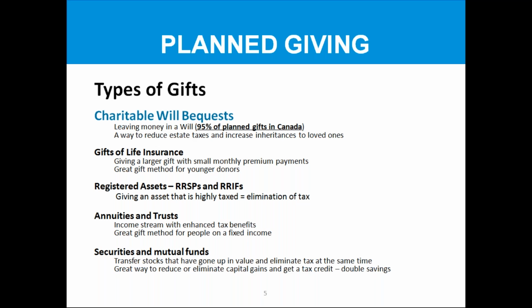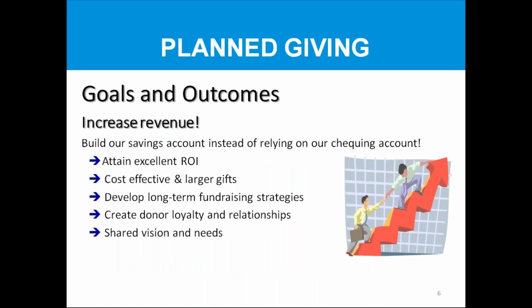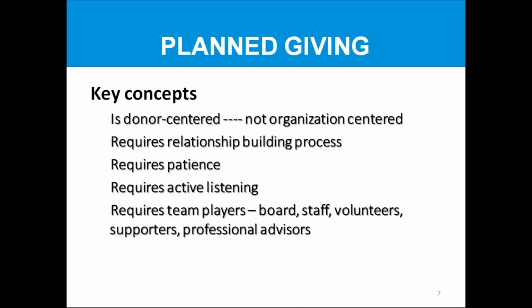And then what we want to do is be able to tell them what our goal is. What is the outcome? If we start a plan giving program, what are we doing? Well, I always say we're building up our savings account instead of relying on our checking account. Yes, we need money today, right now, to fund our programs and services and research, whatever your programs and services are.